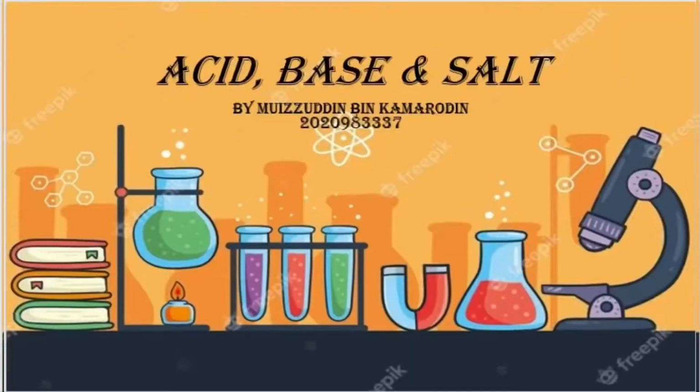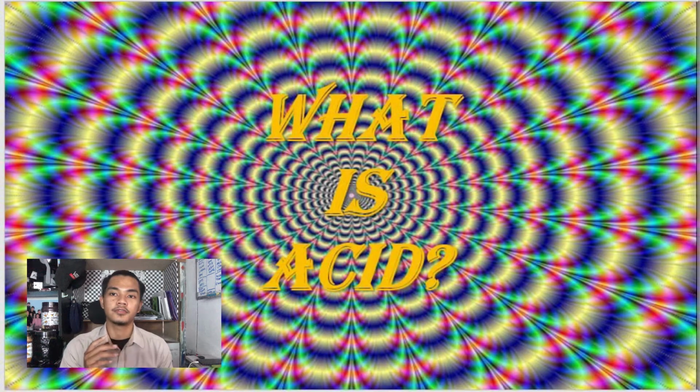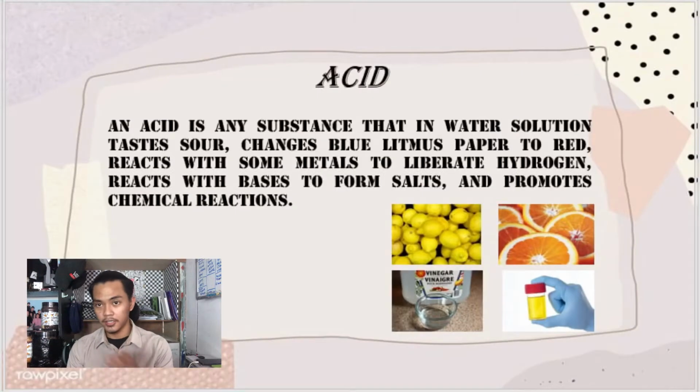So let us proceed to the last session for today's lesson, which is acid, base and salt. Alright, so what is acid? An acid is any substance that in water solution tastes sour.